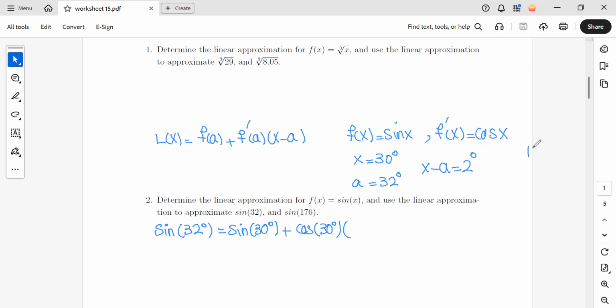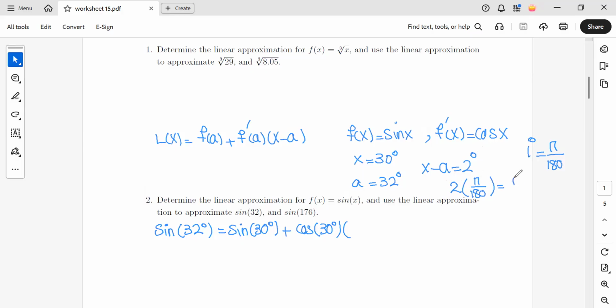And we know that 1 degree is the same as pi over 180. So when we have 2 degrees, in order to translate it in terms of radians, you would write 2 times pi over 180.